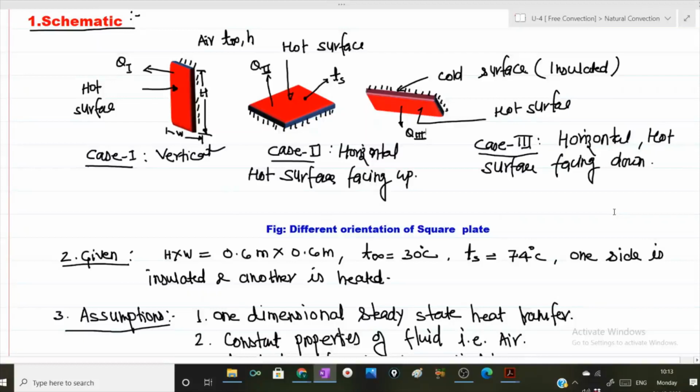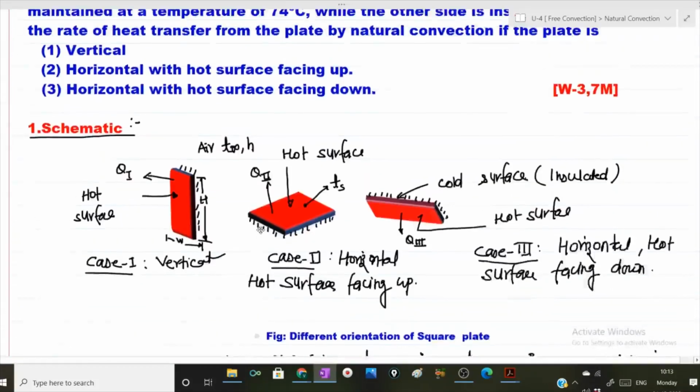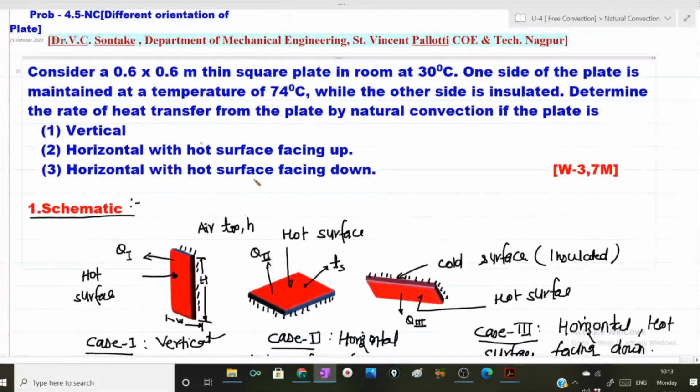After drawing the schematic, let us enlist the given things. As you can see here, the dimensions of the plate are given. It is a square plate, so its height and width are 0.6 meter each. The temperature of the environment into which the plate is exposed is 30 degrees Celsius, and the surface temperature of the heated side of the plate is 74 degrees Celsius, and the other end is insulated.